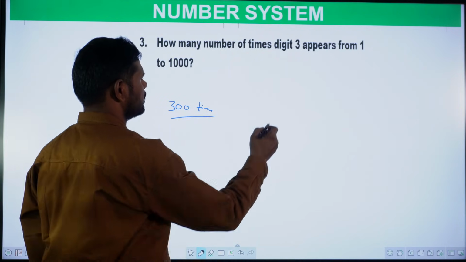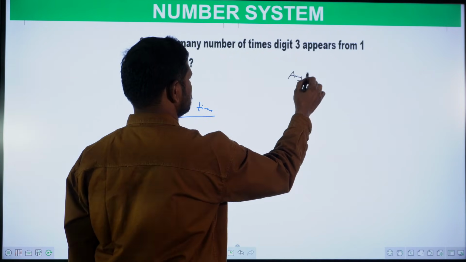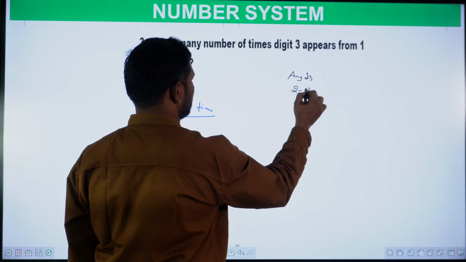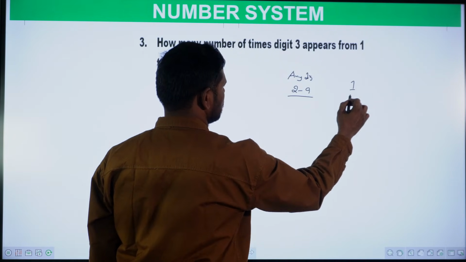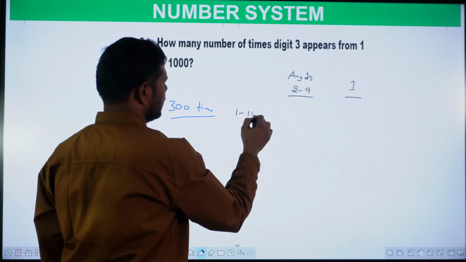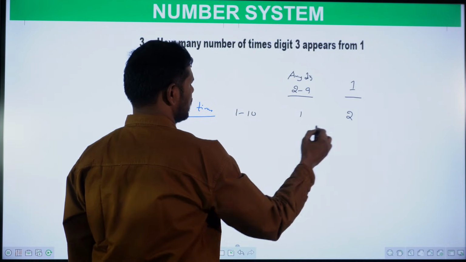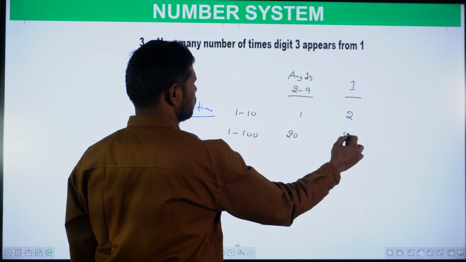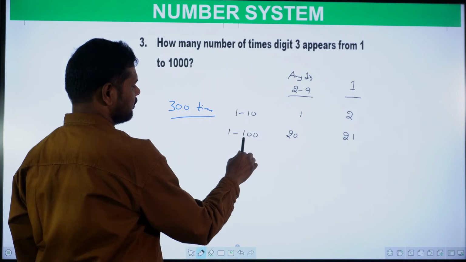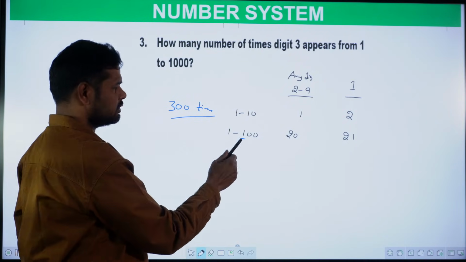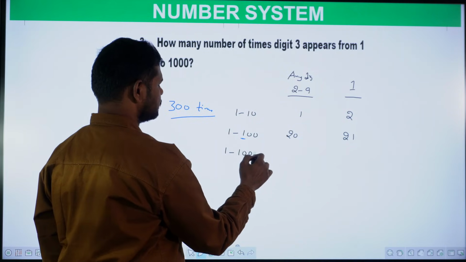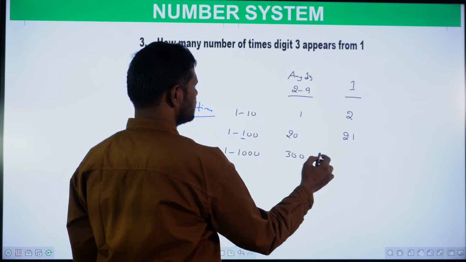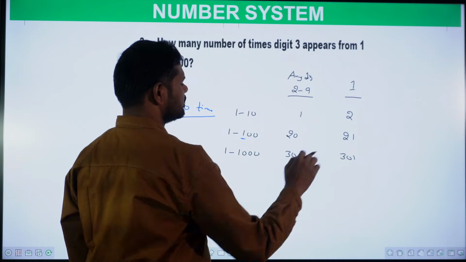I repeat it once again: any digit from 2 to 9 appears how many times, and 1 appears how many times? From 1 to 10, any digit appears 1 time but 1 appears 2 times. From 1 to 100, digits 2 to 9 appear 20 times, and 1 appears 21 times. The extra 1 is there at the last number actually. From 1 to 1000, any digit appears 300 times, and 1 appears 301 times.